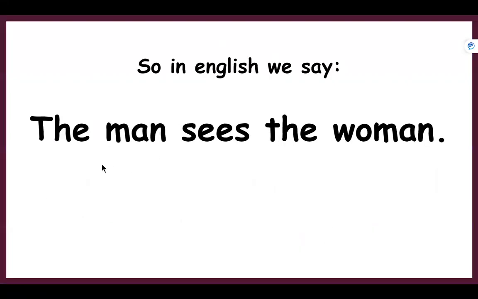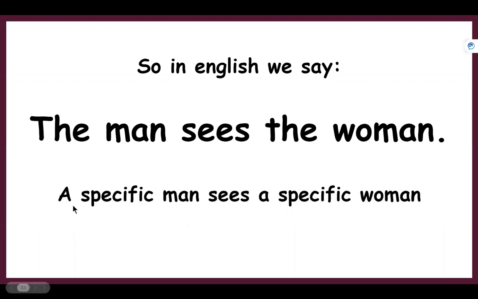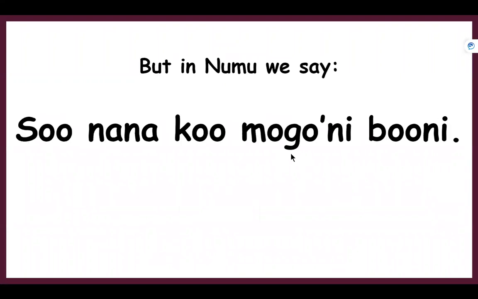So in English, we say, the man sees the woman. And so that means a specific man sees a specific woman. But we only know because of the order of the sentence that it's the man that sees. Because the thes don't designate whether something is the subject or the object.